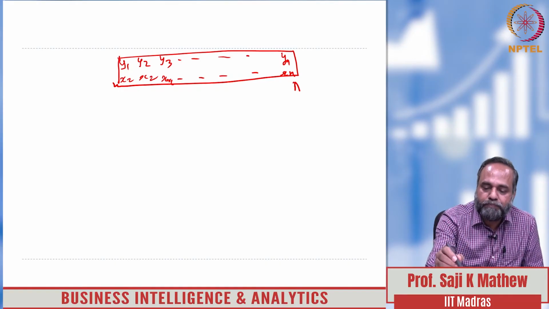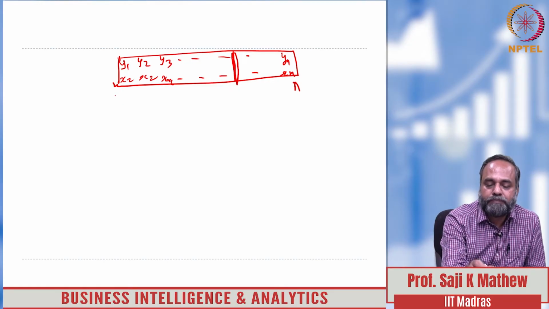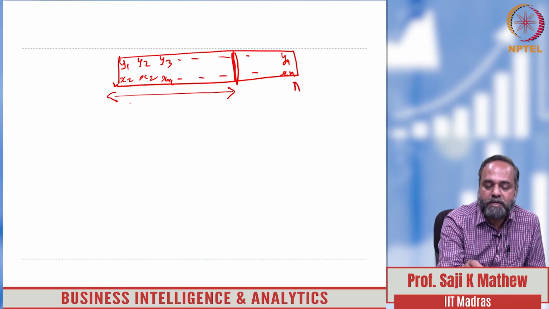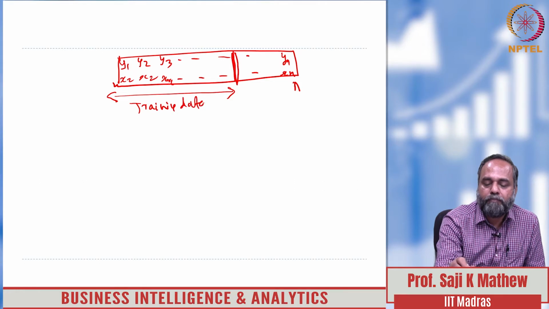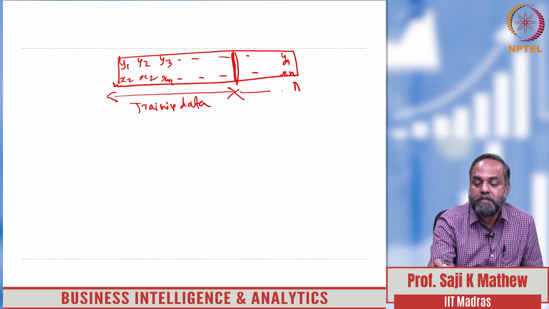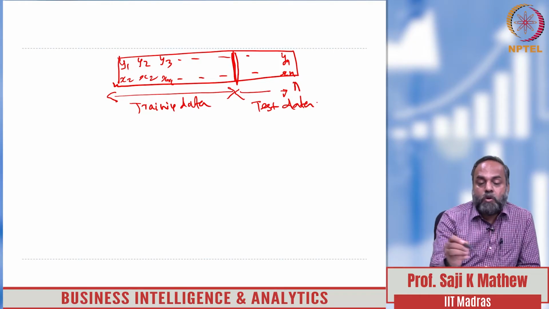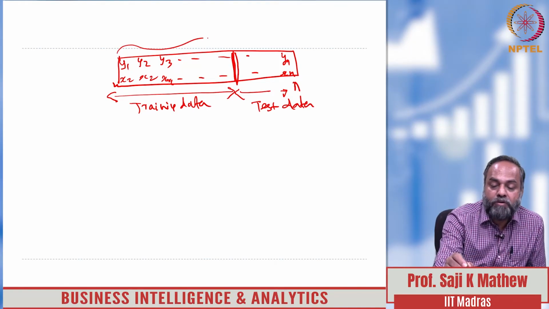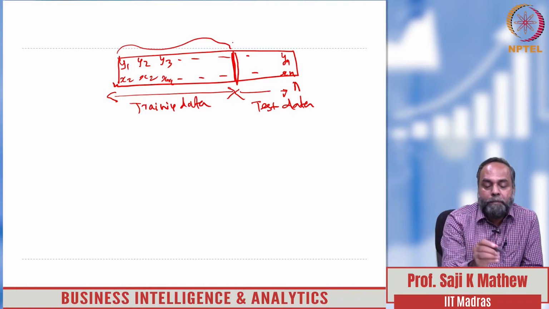For example, in a simplistic case, I partition the data into two. Up till here I set apart this data as training data, and the rest of the data I will call test data. So this amount of data is what I am going to use to build the model.